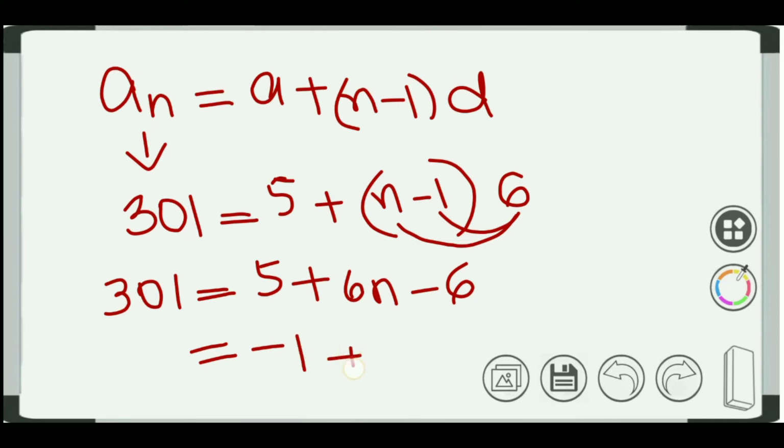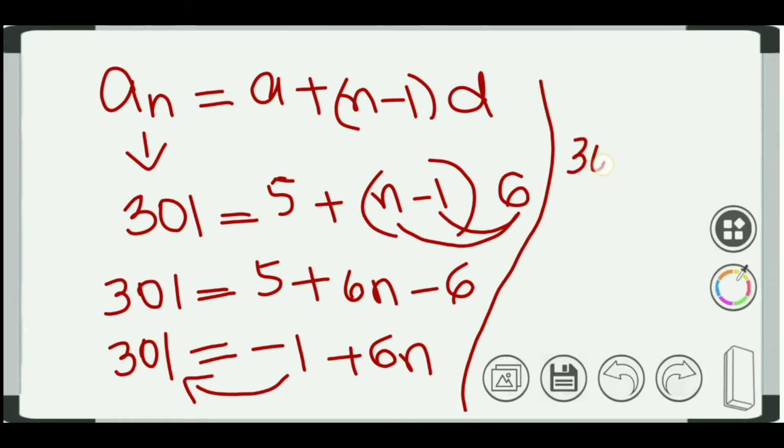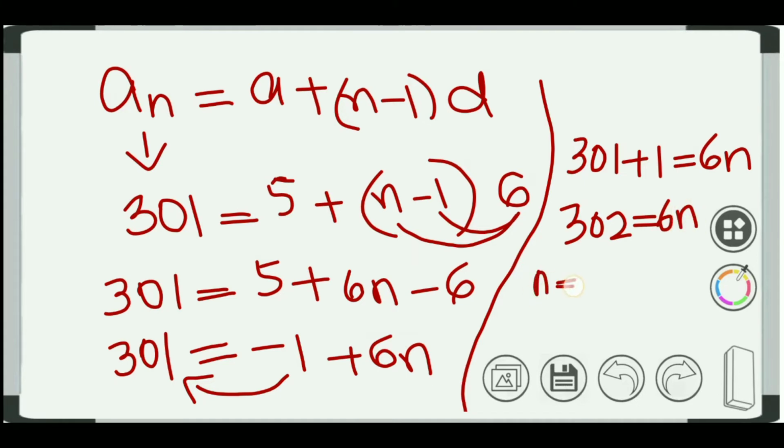Minus 1 plus 6n equal to 301. Now I am taking this minus 1 to this side. Minus 1 will become positive 1. So 301 plus 1 equal to 6n. 302 equal to 6n. Then n is equal to 302 divided by 6.